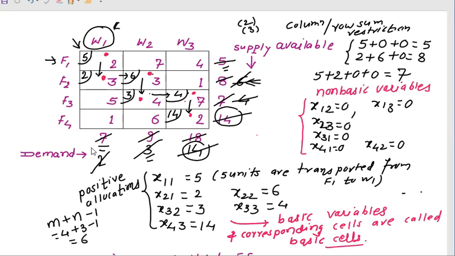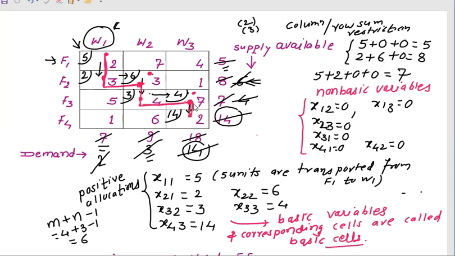Now, whether it is a non-degenerate solution or a degenerate solution. There are exactly m plus n minus 1, that is 6, positive allocations. We will try to join these cells using horizontal and vertical lines. If you join these two cells using a vertical line, then we join the next basic cell, then the next, then the last basic cell.